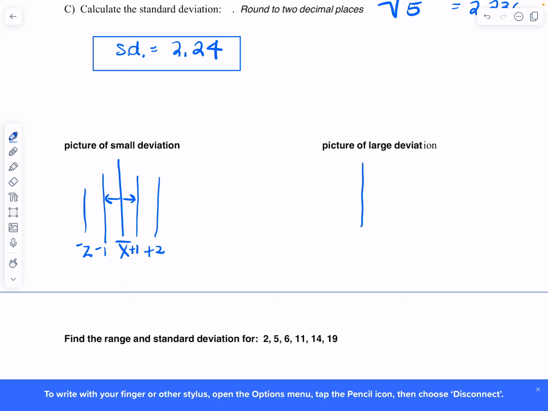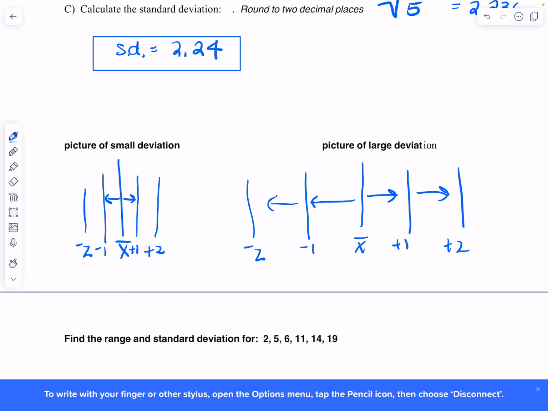Large deviation means that we have the mean here, and the spread is much wider. So this would be +1 standard deviation up, or -1 standard deviation below, and then +2 is clear out here, and -2 is clear out here. So again, small deviation means it's closer to the mean. Large deviation means it's further away from the mean, and it has larger spread.